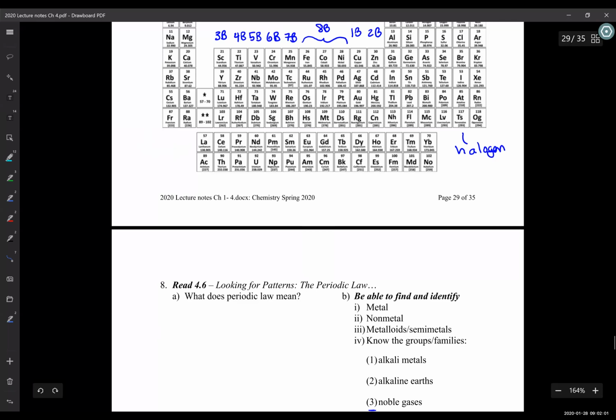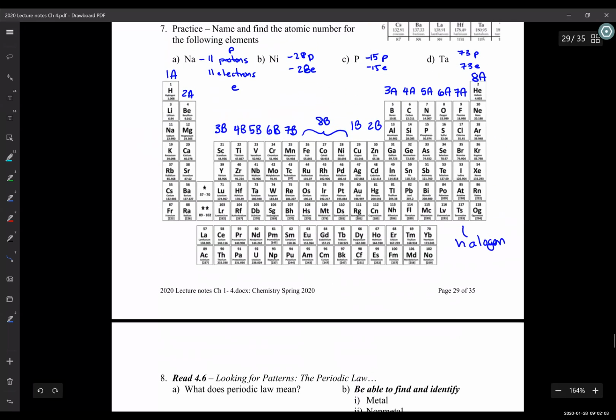So this is noble gas. The reason they're called noble gases is they are very unreactive. Contrary to what people always say, you can make compounds out of them. It can be done, but it's hard.